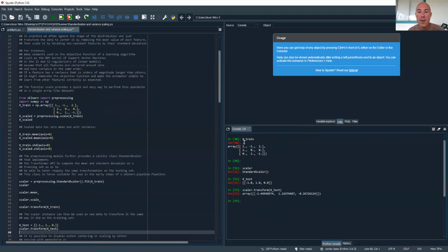All right, so if I take the average here and subtract it off this -1, then divide by the standard deviation on this value, I'm going to get -2.4. If I take the average here, subtract it from this 1, and then divide by the standard deviation here, I'm going to get 1.2.